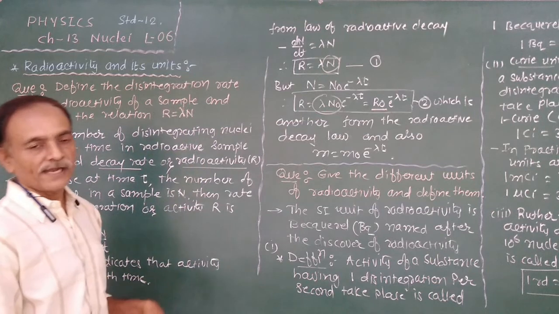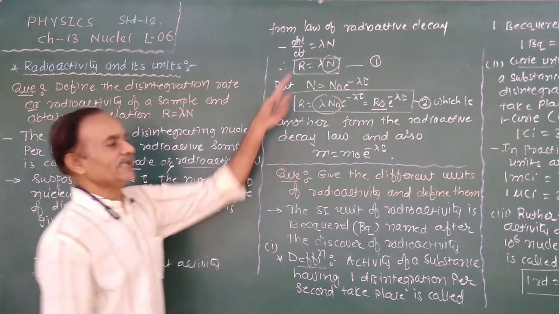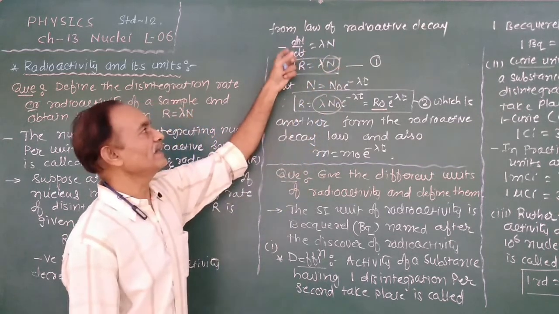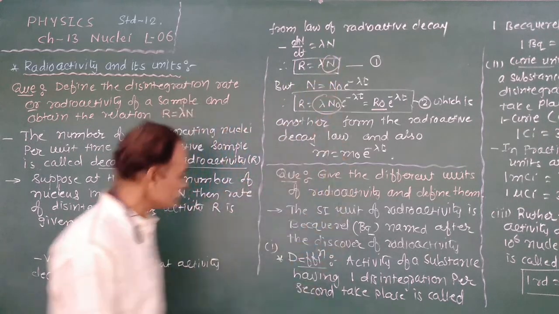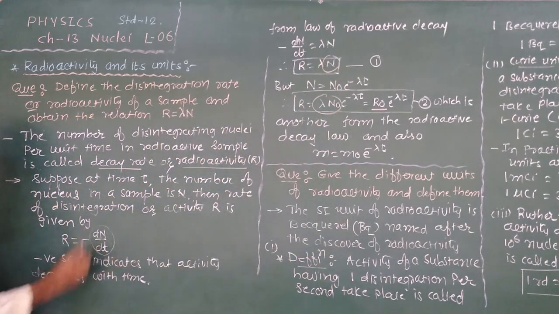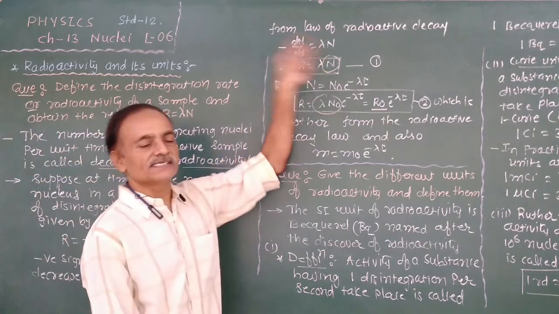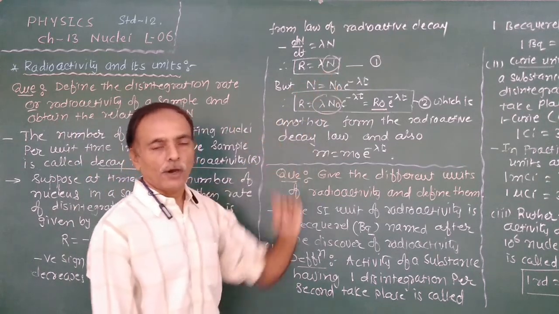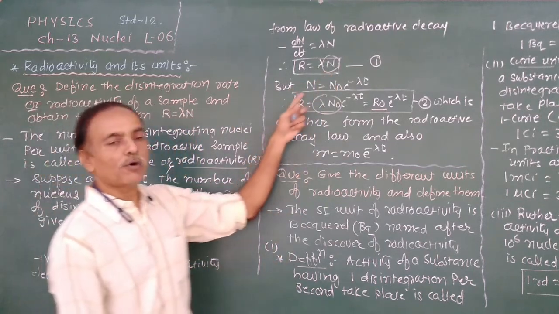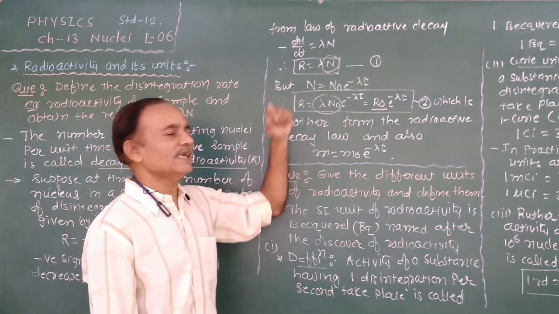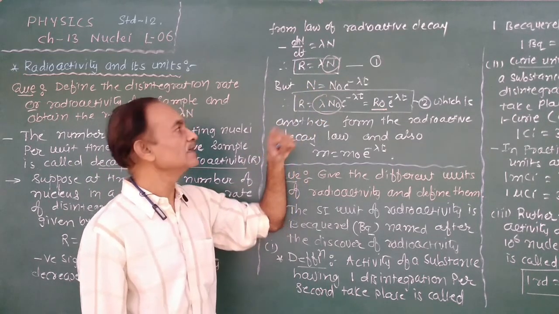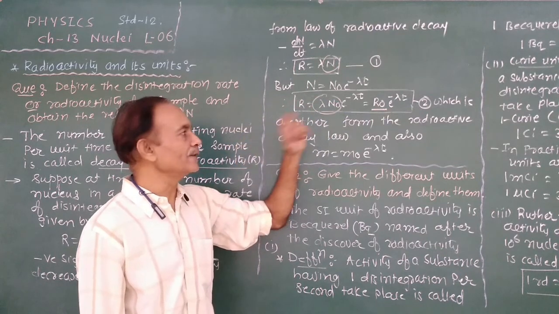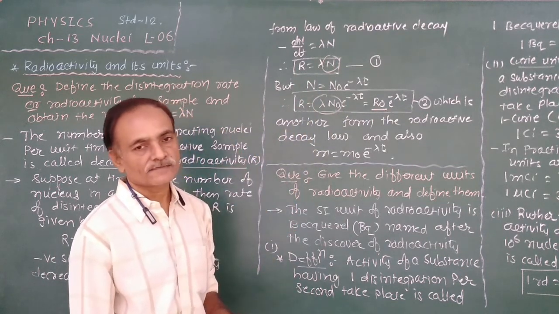Now, from the law of radioactive decay, we know that dN by dt is equal to minus λN. Therefore, minus dN by dt is equal to λN. We substitute here the value of dN by dt. Therefore, R is equal to λN. Therefore, from the equation of the exponential law of disintegration, N is equal to N0 e^(-λt), here we substitute the value of N. R is equal to λN0 e^(-λt).